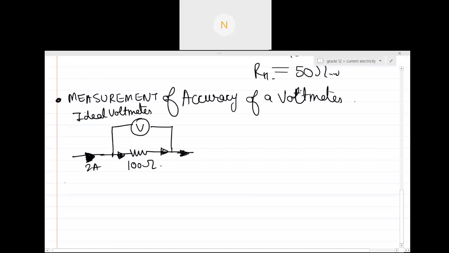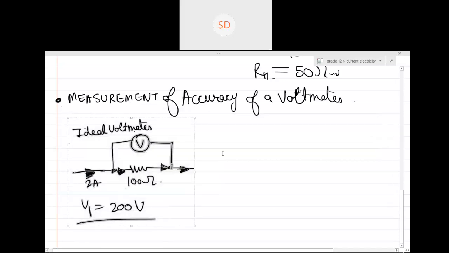Can anyone tell me what will be the reading of the voltmeter in the first case? I into R, whatever the potential difference across these two points is. 100 into 2, which is 200 volt. This is the reading in the first case. So I think the first case is pretty much clear, where there is an ideal voltmeter.